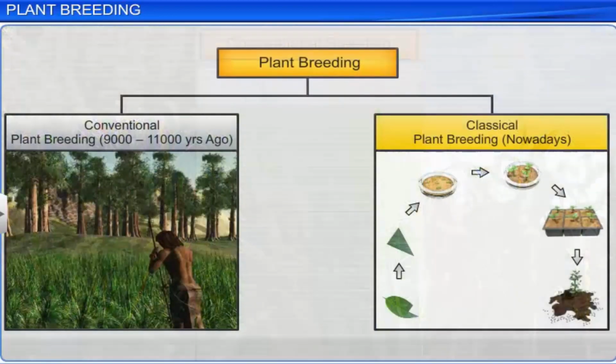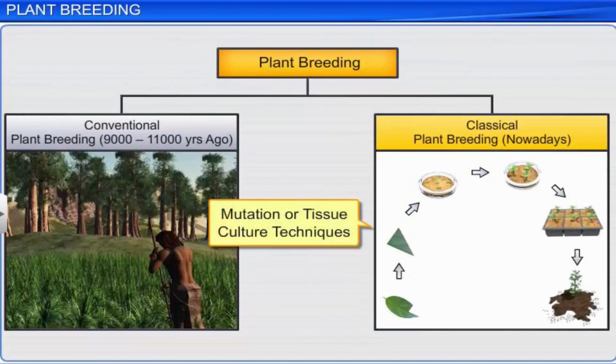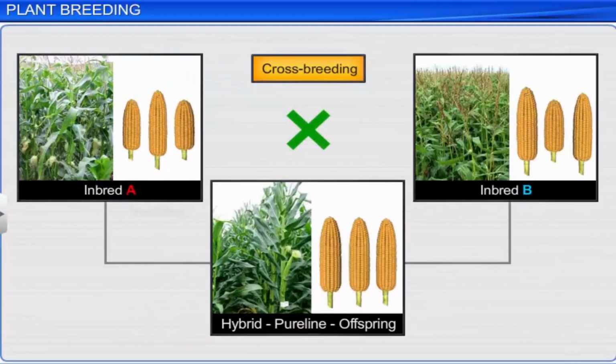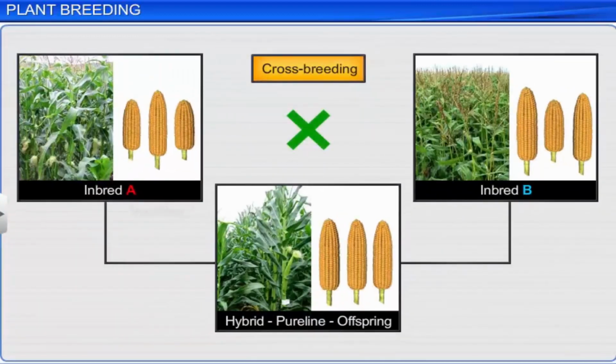On the other hand, classical breeding uses techniques such as mutation or tissue culture, followed by crossbreeding of pure lines and artificial selection of plants.